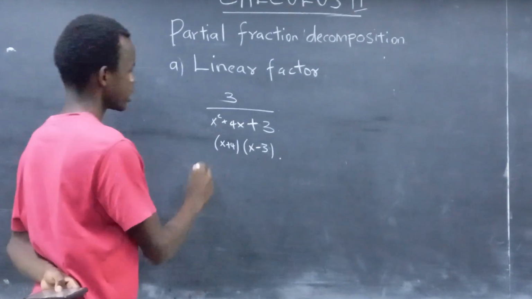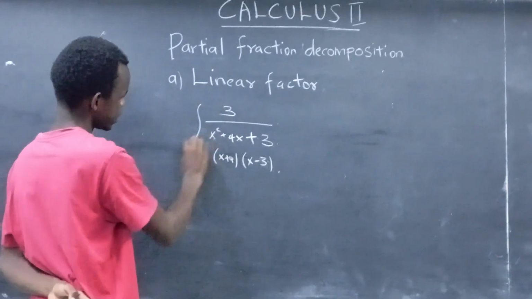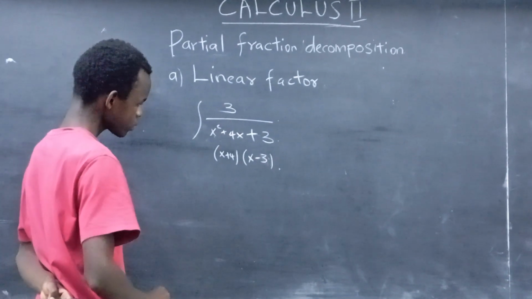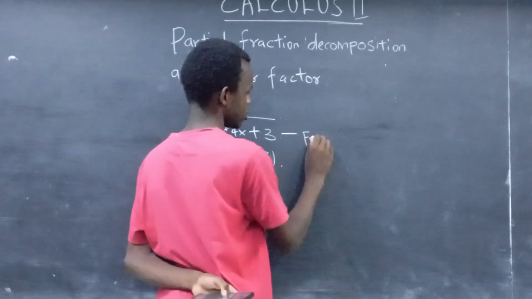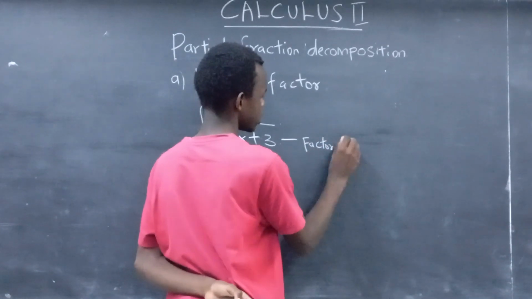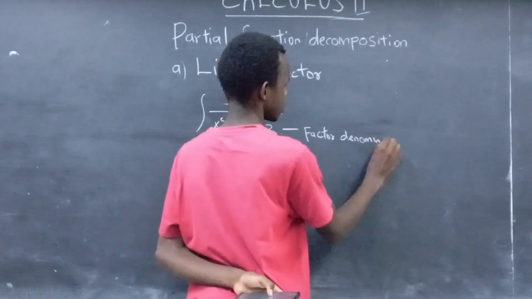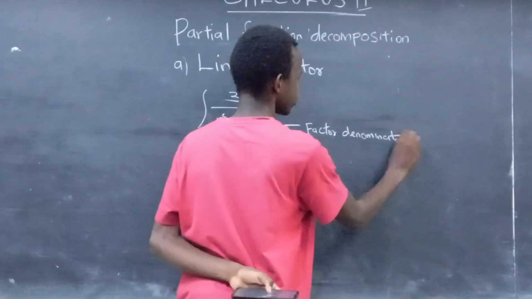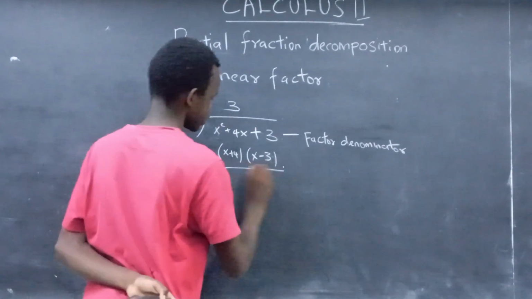Once we're given a function like this, we'll have to factor the denominator. So the first step is to factor the denominator. Once you factor your denominator, you will get this.